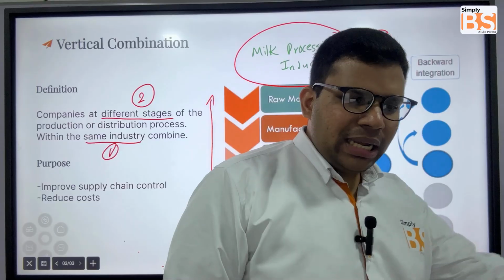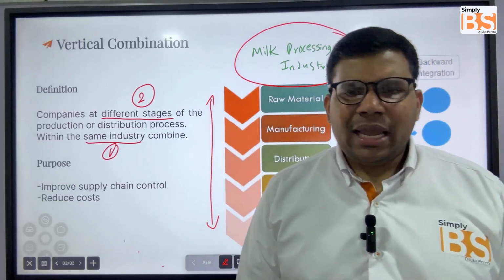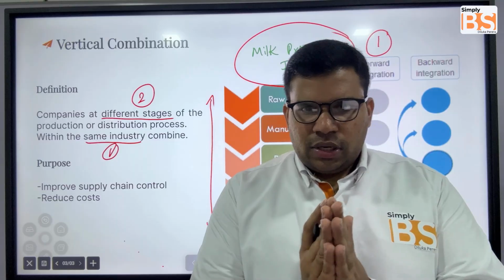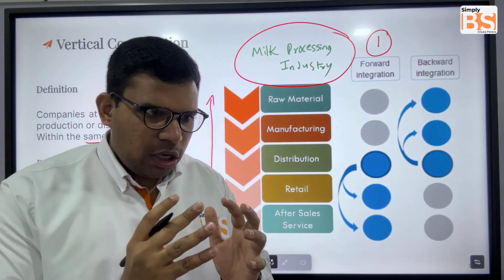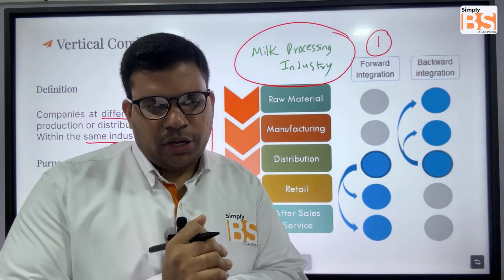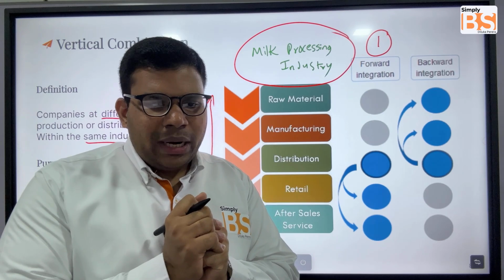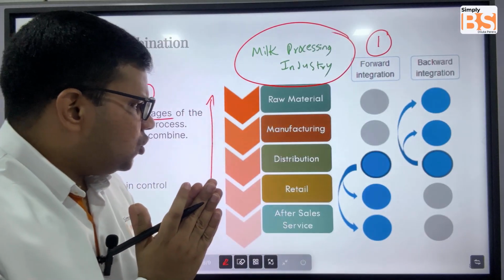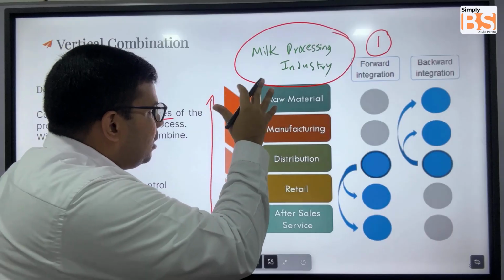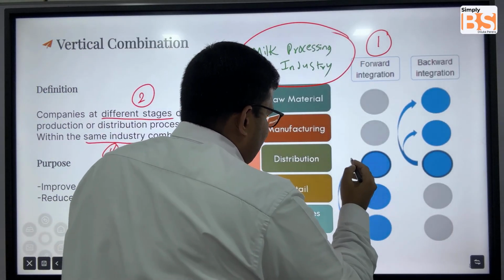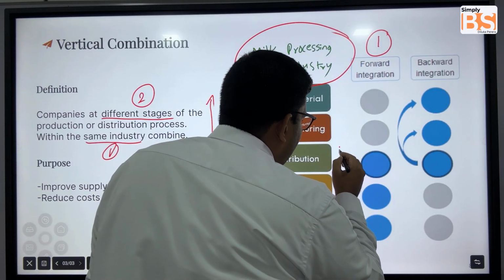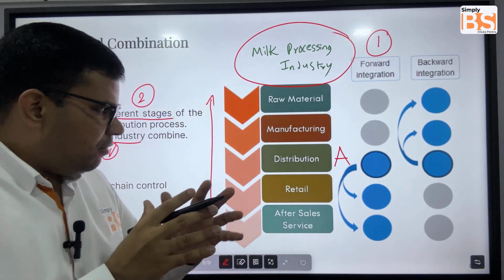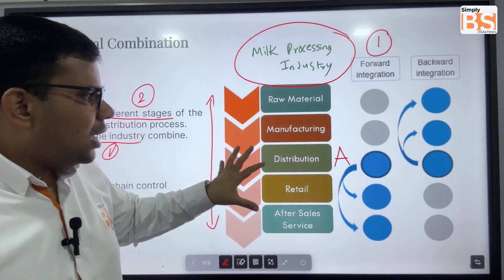What do you mean by a forward integration? Very simply, you have to focus on the direction. Let's assume that in the milk processing industry, there's a company called Company A, which is performing the distribution activities.